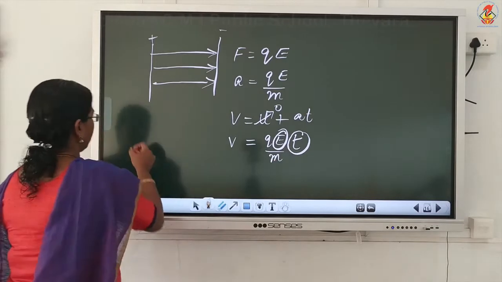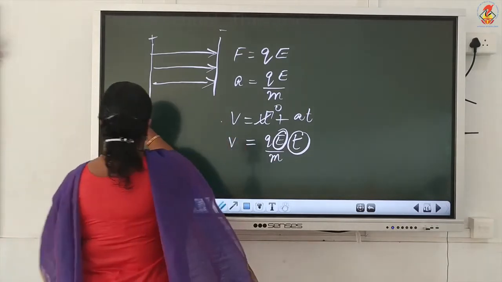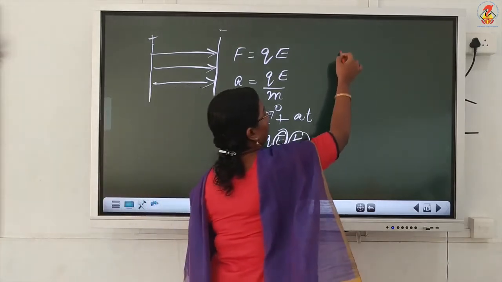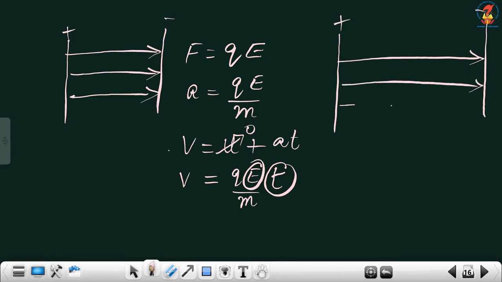What do you have to do? You apply a potential to a larger distance. So, field direction is from positive to negative. So, if you increase the field distance, what happens?